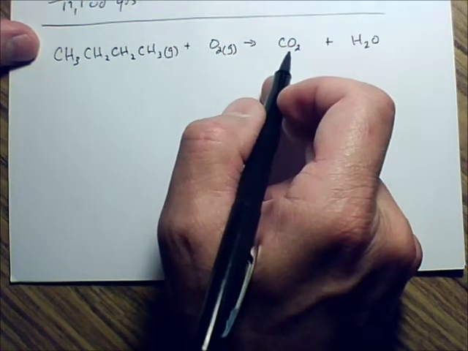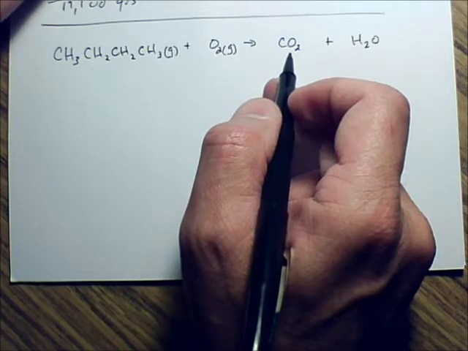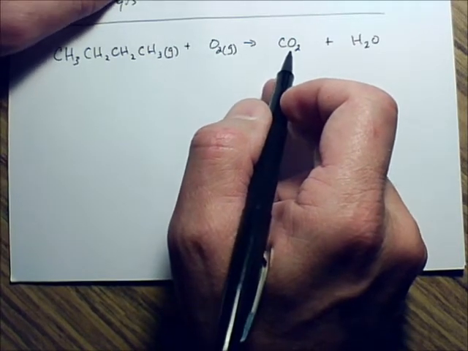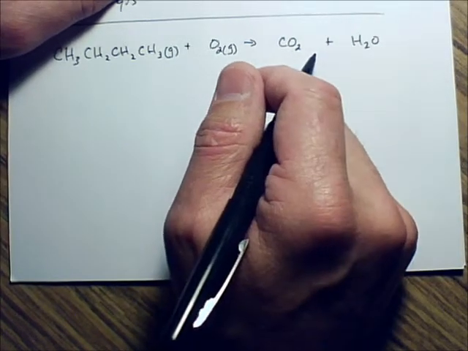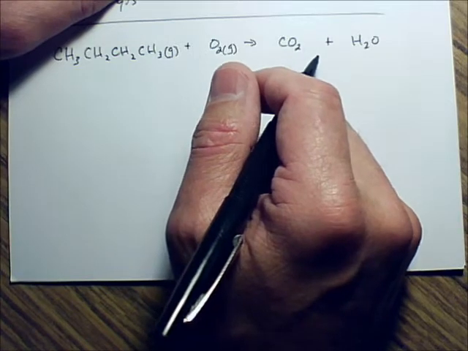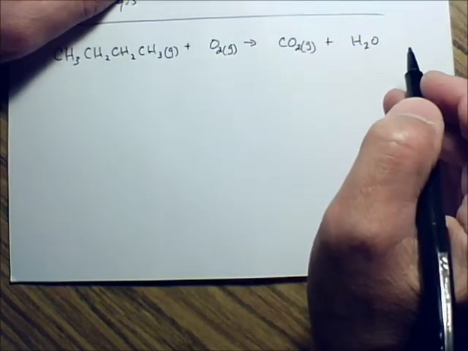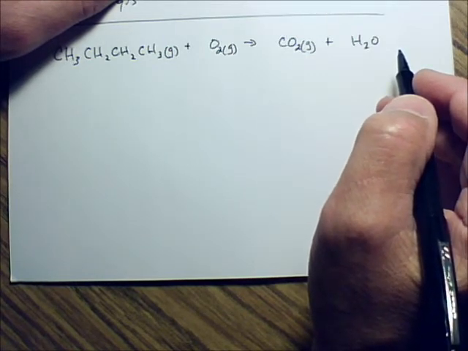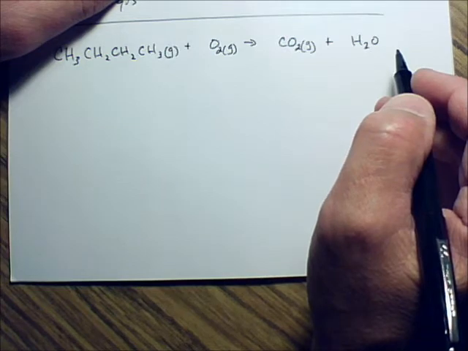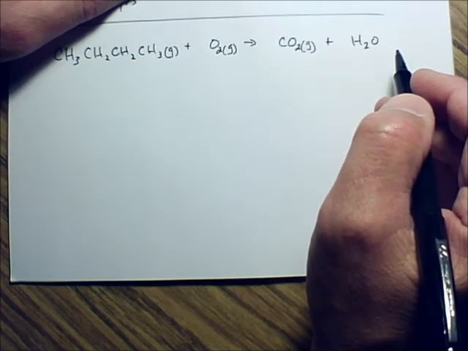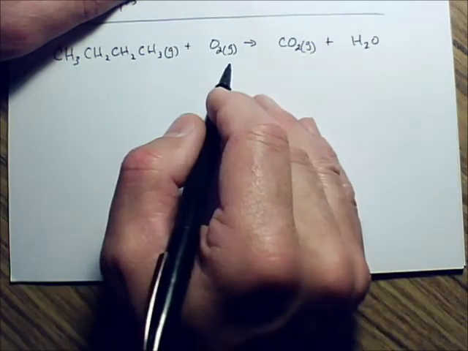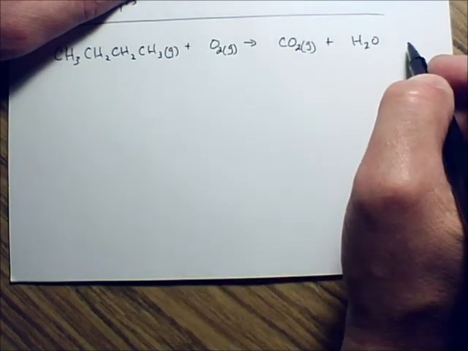What physical state will we list for carbon dioxide? A gas. What physical state do we list for water as a product in a combustion reaction? In a combustion reaction, it's a gas, because combustion reactions create heat.